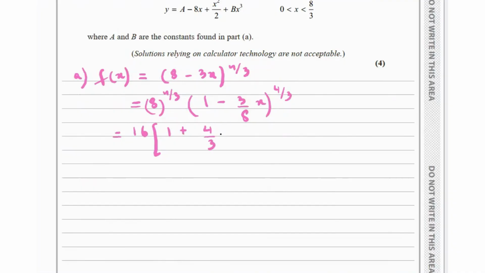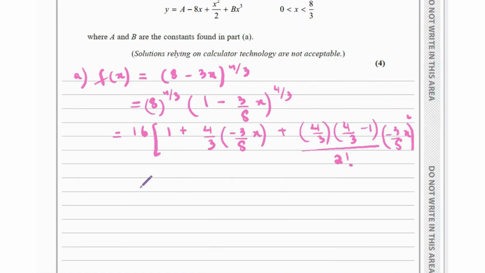So to expand this, it's going to be 1 plus 4 over 3, which is n, times the b value, which is negative 3 over 8x, plus n times n minus 1 divided by 2 factorial times negative 3 over 8x squared.